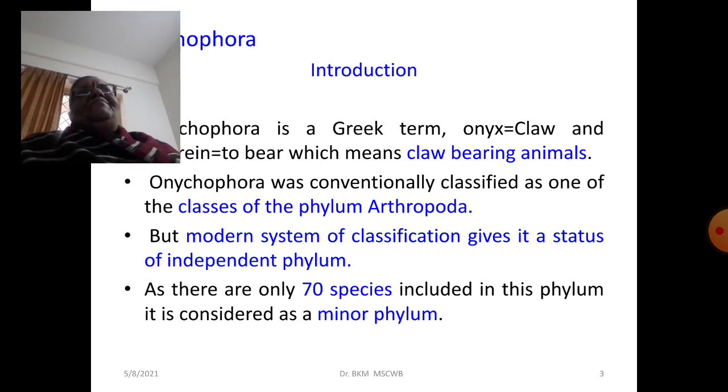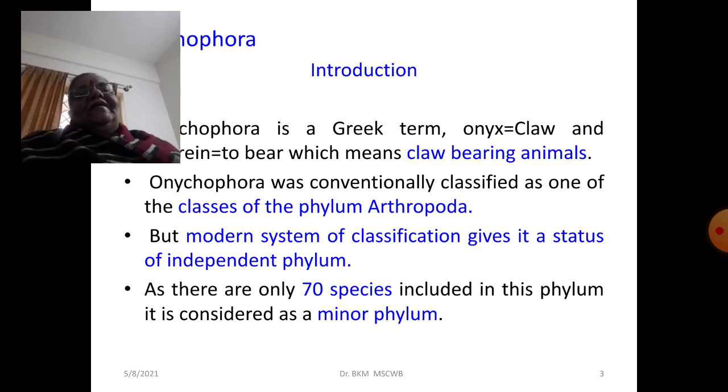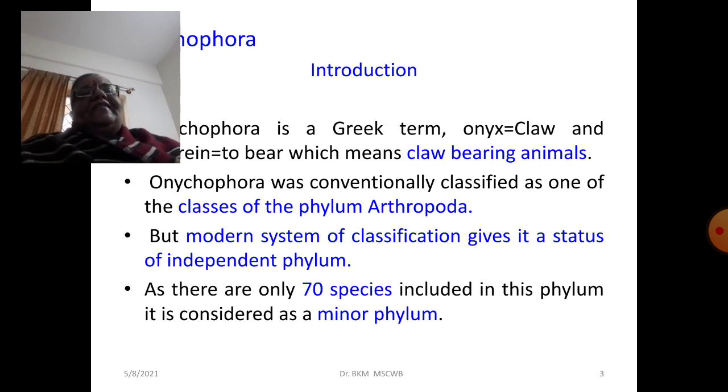There are many minor phyla like Rotifera, etc. Like this, Onychophora is now treated as a minor phylum. When you use the term minor, it means there are fewer species included in that phylum. So this is a sort of introductory slide for our learning.